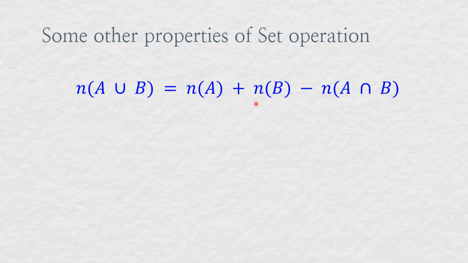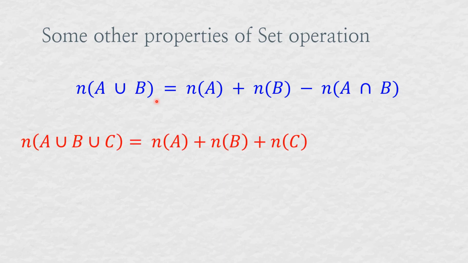This law can be further extended to the union of three sets. Suppose that we take the union of three sets A, B and C. If we add the number of elements in A, B and C, we add the common elements in A and B, B and C, and A and C twice.